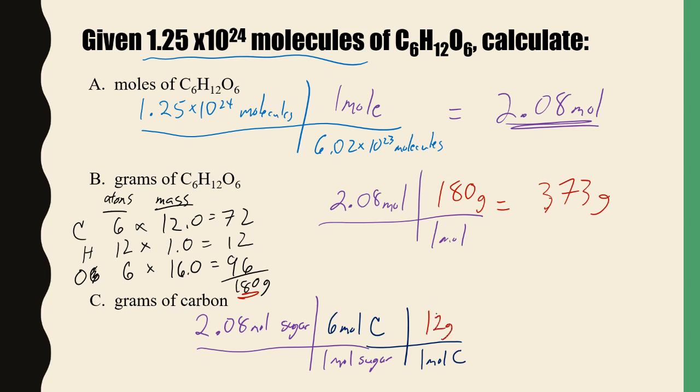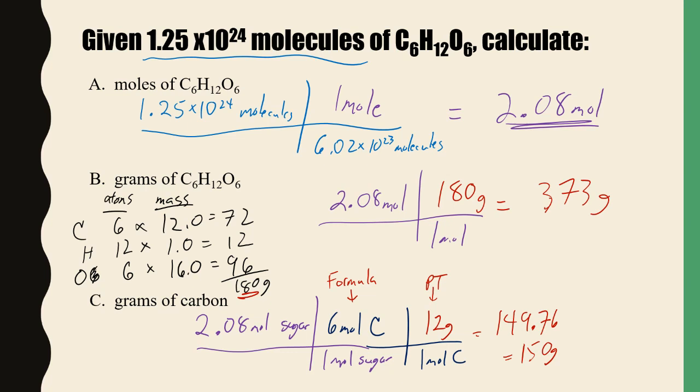So grams to mole we got from the periodic table. Moles to sugar we got from the formula. All right. And so when we multiply all that out, we get 149.76. So, 150-ish. 150 grams of that 373 grams is carbon.